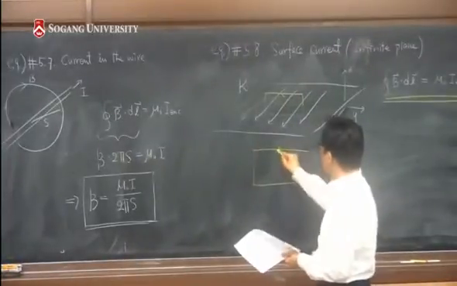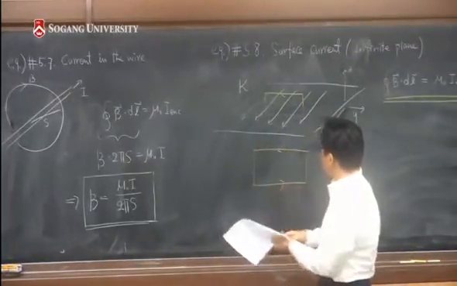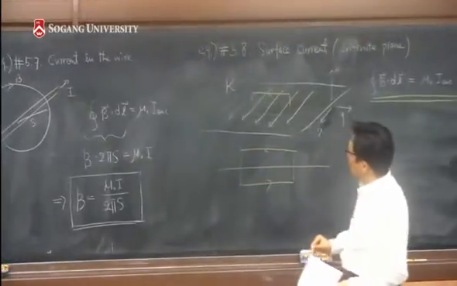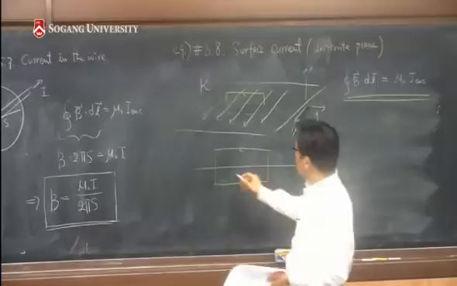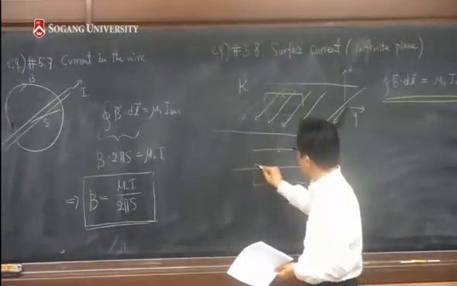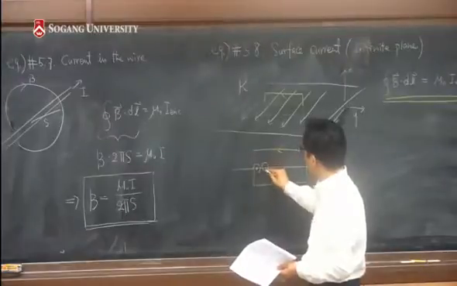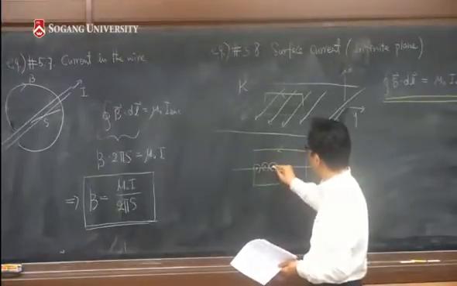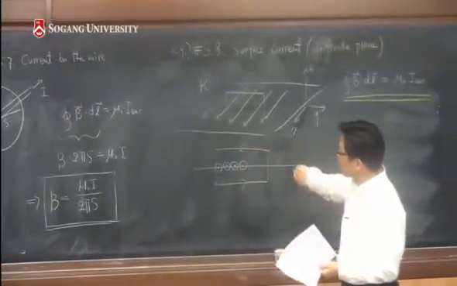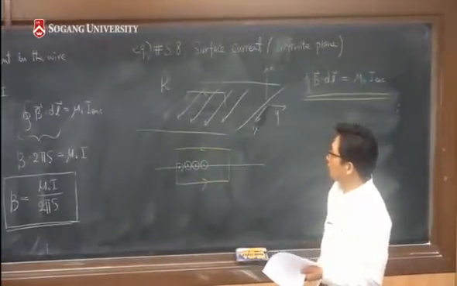And then here we have a sheet of a plane where the current is flowing, going in this direction. So we can denote it with this direction. So these will be the surface current coming out from the blackboard, you say.